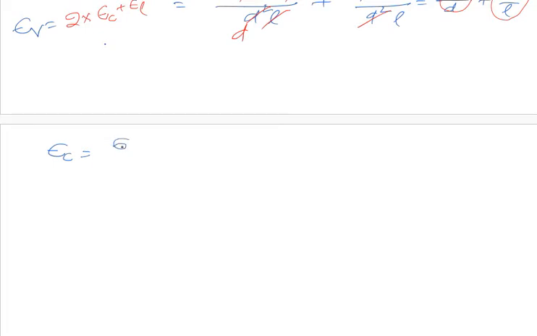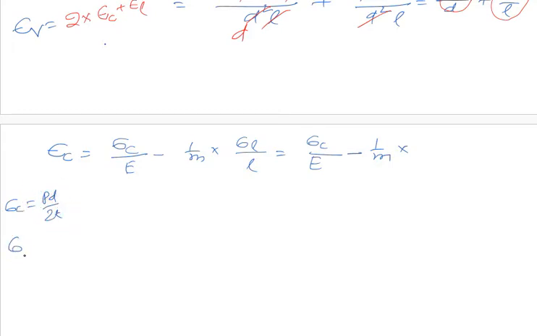That is circumferential stress by E minus 1 by m into longitudinal stress by E. So circumferential stress by E minus 1 by m, we know that sigma c is equal to PD by 2T and sigma L is equal to PD by 4T.